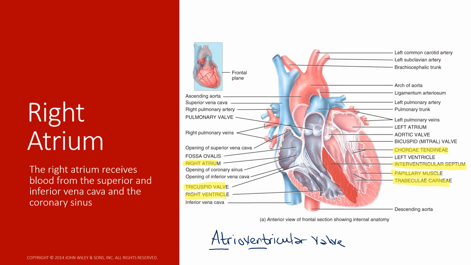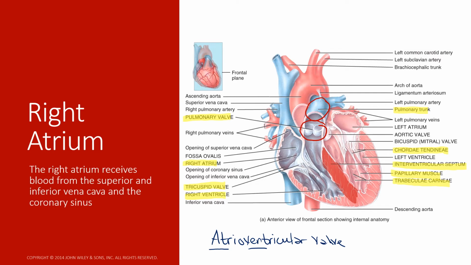Now from the right ventricle, blood is going to pass right through this pulmonary valve, which is right up here. And it's going to go into a larger artery, which is called the pulmonary trunk, labeled right here. This is the pulmonary trunk up here.